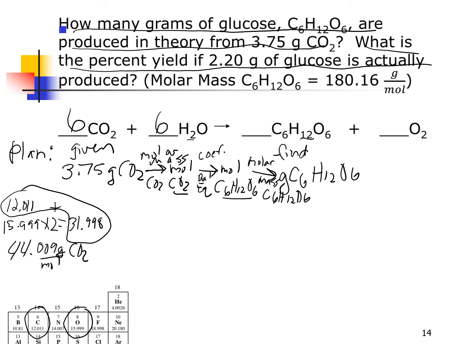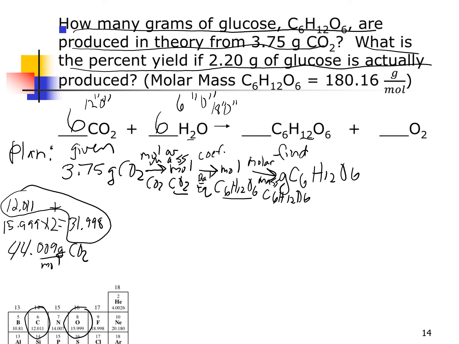We need to balance oxygen. So on the left, we have 6 times 2, 12 oxygens in our carbon dioxide. And we have 6 times 1 oxygen here, gives me 6 oxygens in the water. So total we have on the left is 18 oxygens.